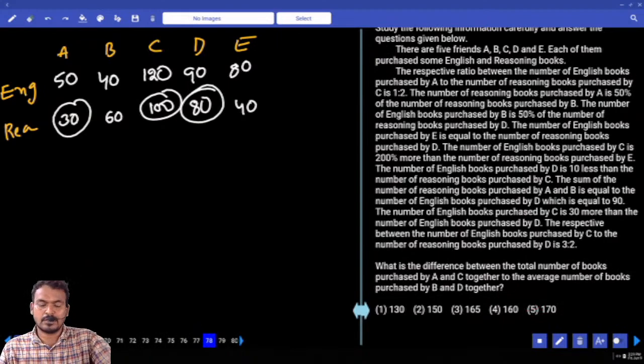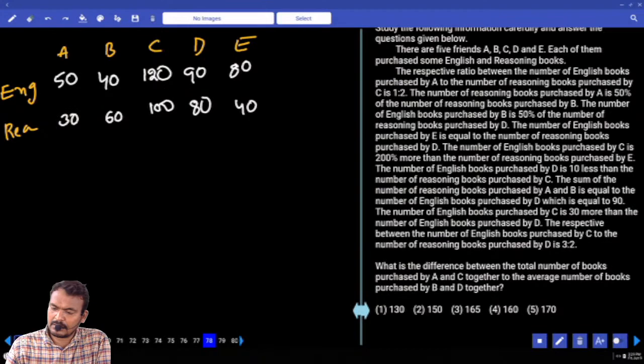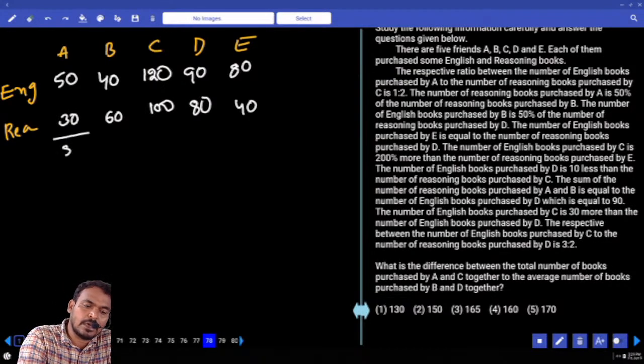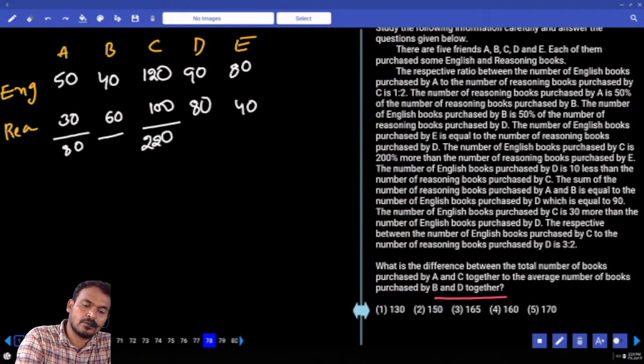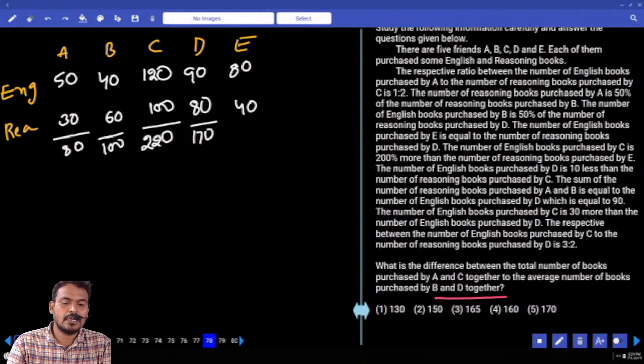78. What is the difference between the total number of books purchased by A and C together? A and C total books. What is the A total books? 80. C total books 220. Total it is 300. And it is compared to which one? B and D. What is the B total books? 100. D total books 170. And 300, 270. Difference. Sorry, average difference.